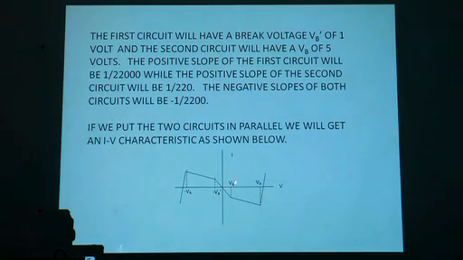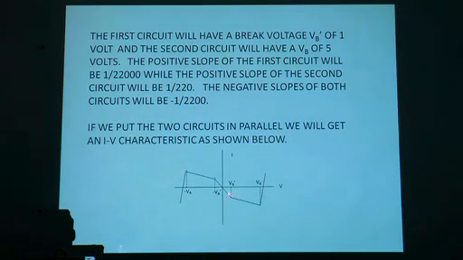Between -1 and +1 volt, both circuits have negative slopes of -1 by 2200. So you get a negative slope for the combination which will be -1 by 1100, twice as large as this.